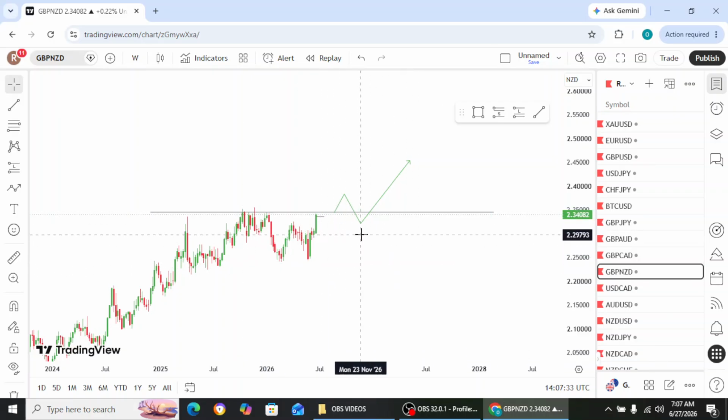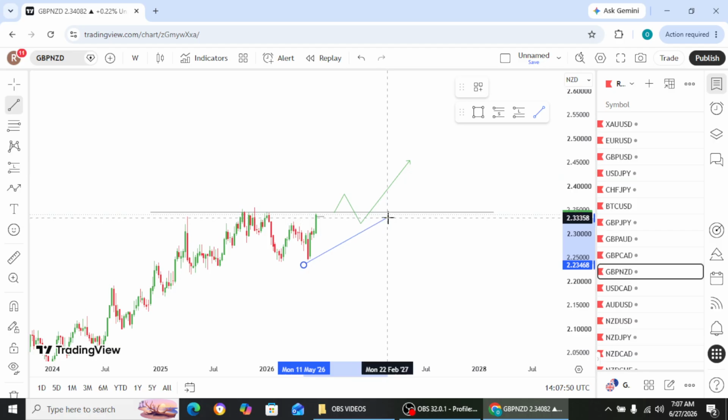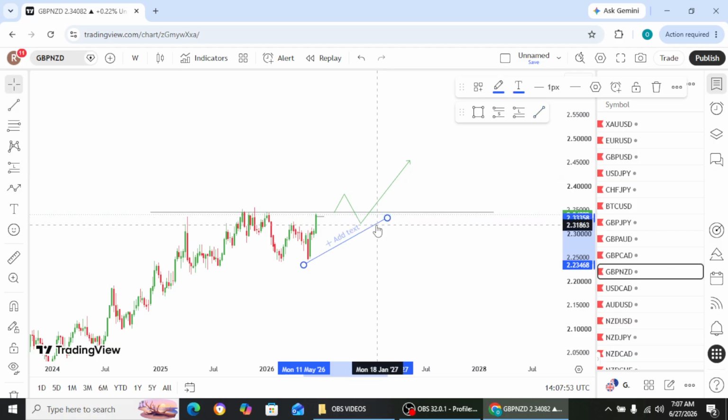All right, but even though this is a strong uptrend, there's a possibility that the market might retrace back to form another higher low at this level in the weekly time frame. There's a possibility, but we're not doing that now. There's a possibility that the market might retrace back to this level to continue to the upside. So watch out for it.